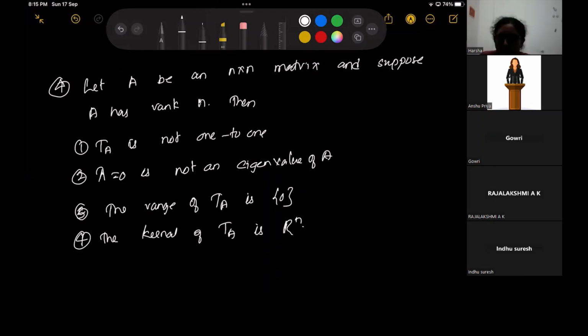The options are: TA is not 1 to 1 and lambda equal to 0 is not an eigenvalue of A; the range of TA is 0 and the kernel of TA is R. So what is the correct option?